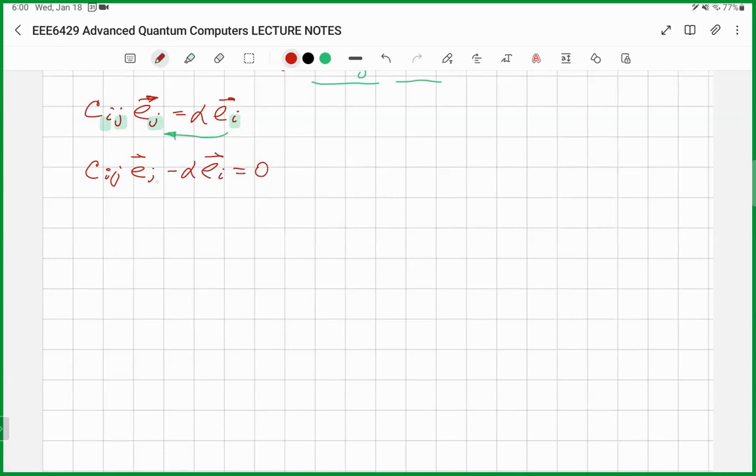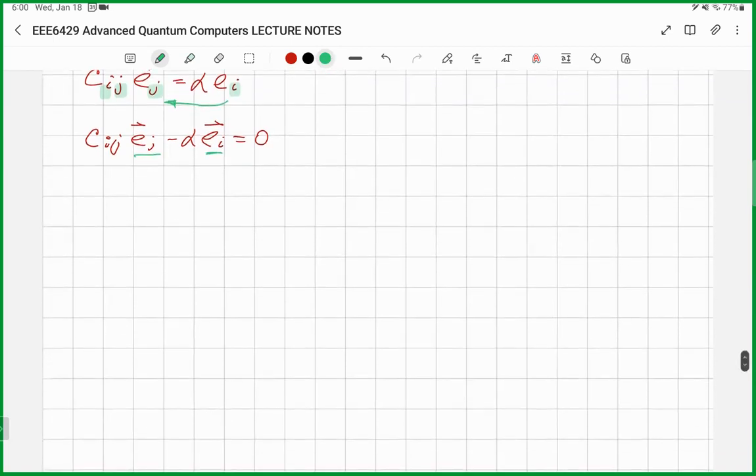Right. So here I have this e with index j, but here it comes with index i, so I need to change that. How do I do so?